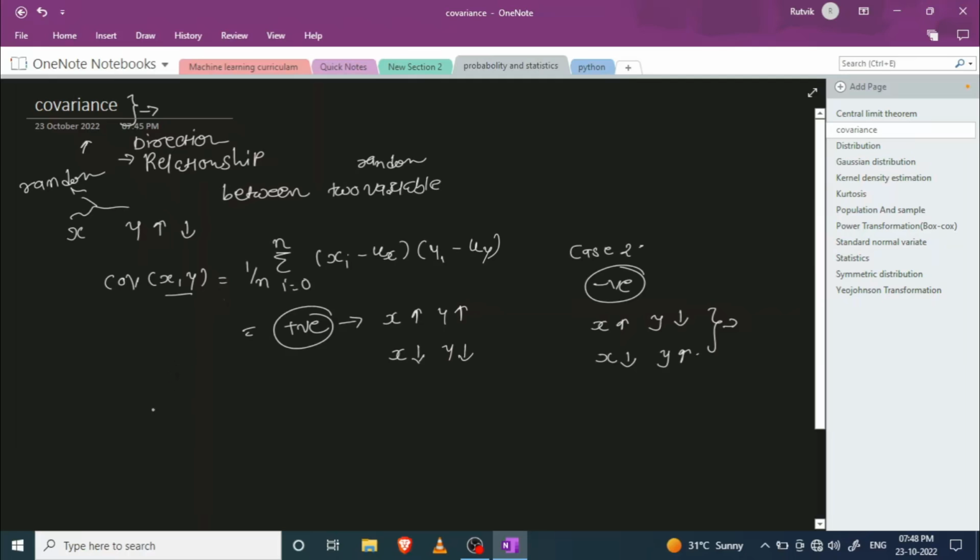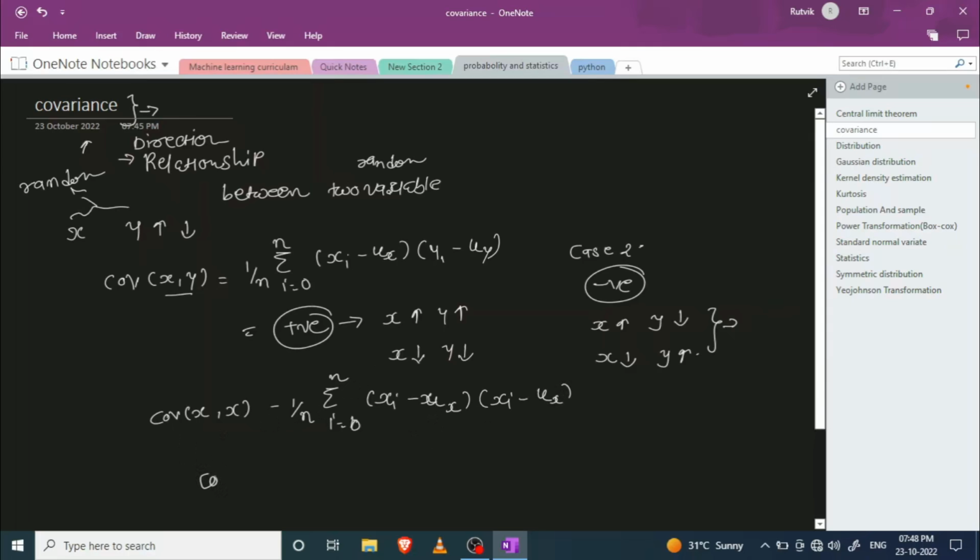Now I want to check the covariance of x with x. What does that mean, right? So my formula will change like this: summation i equals 0 to n, where xi minus mu x here, and xi minus mu x here.